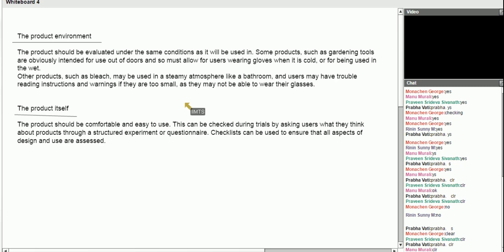So there are many organizations or companies who ask the actual users of that product to give feedback about the working of that product.